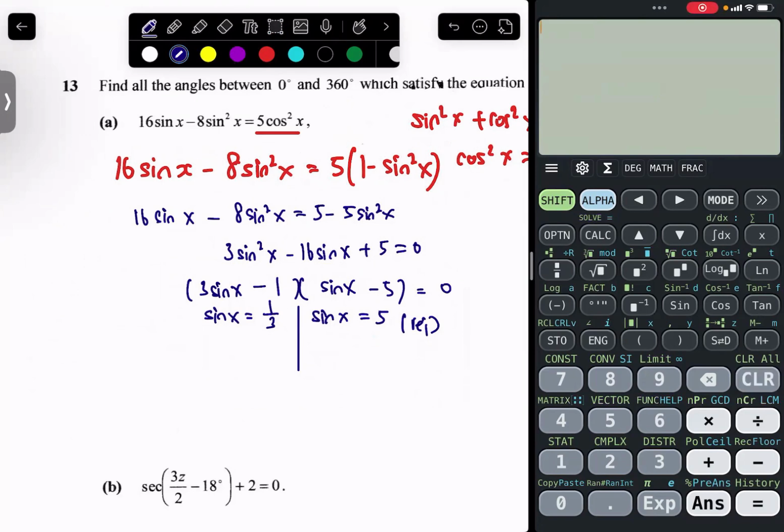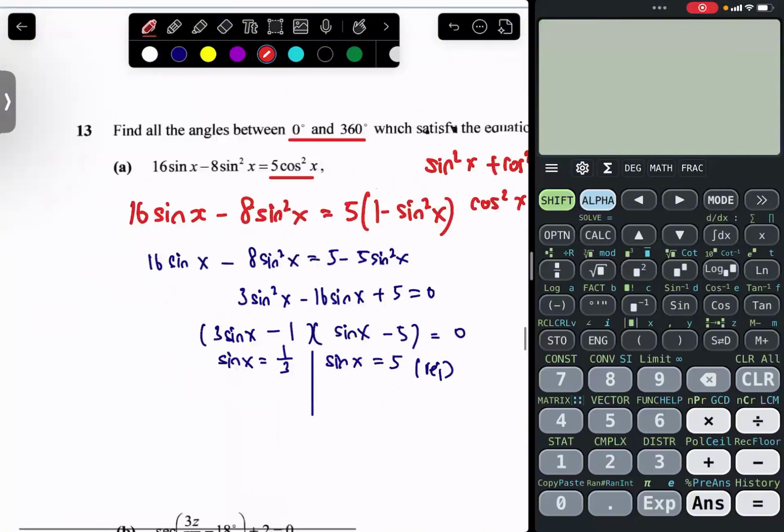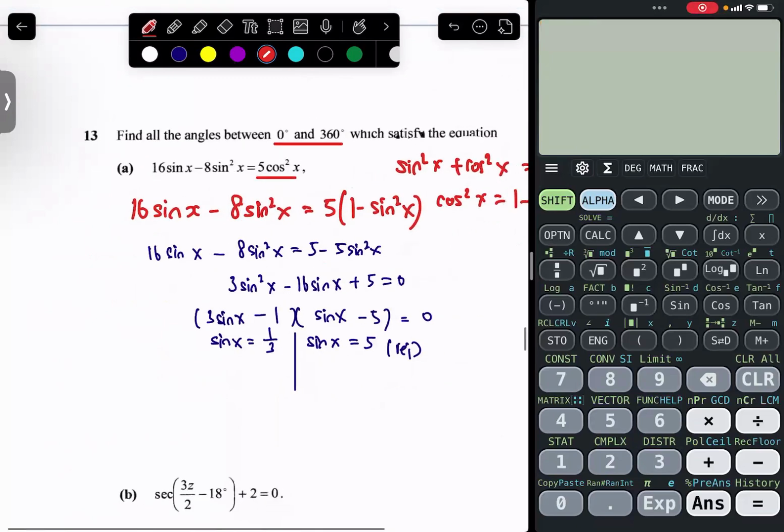Now sine x equals 1/3. What am I going to do? We are ready to take the inverse, so we have to consider three things. The range is 0 to 360. The quadrant: sine is positive, so quadrant 1 and 2. And the basic angle.